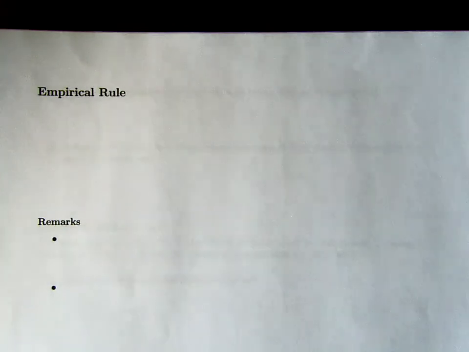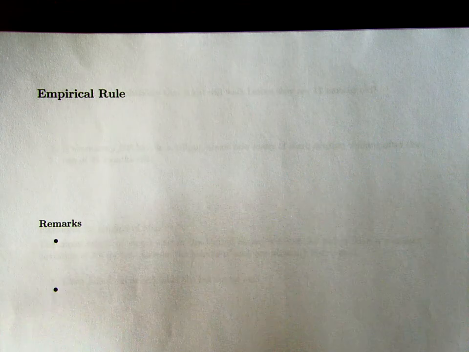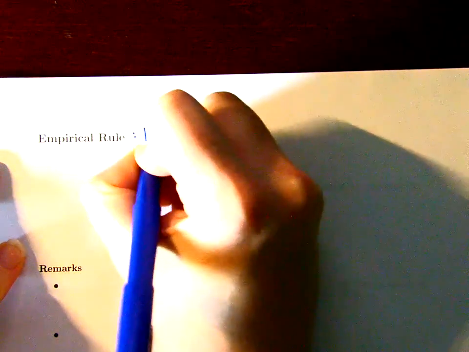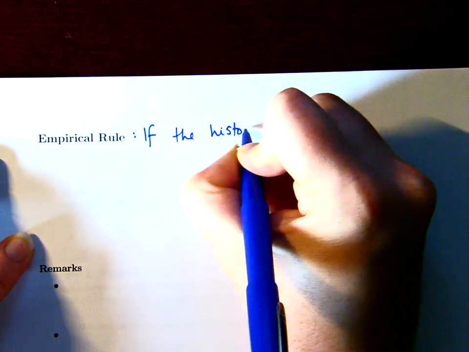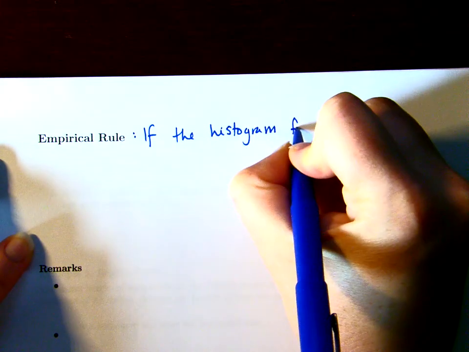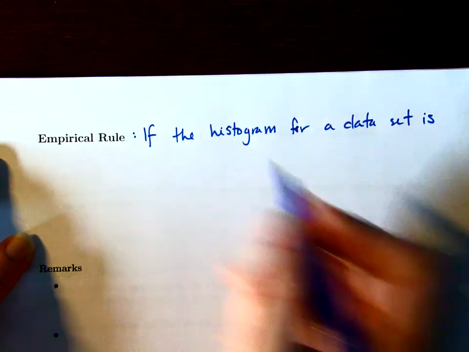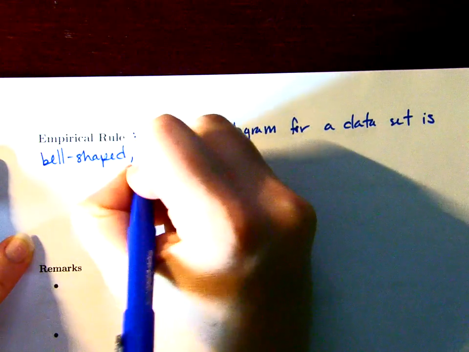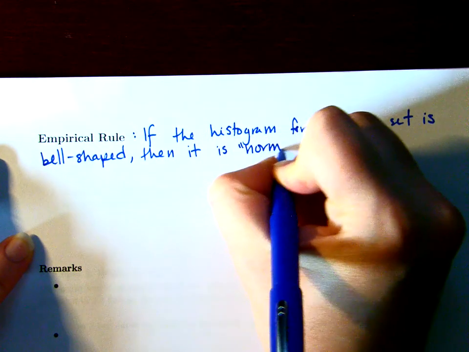Okay. So, which brings us to the empirical rule. Okay? And the empirical rule says this: if the histogram for a data set is bell-shaped, then it is considered normal.